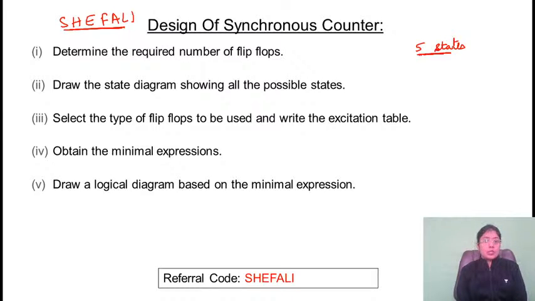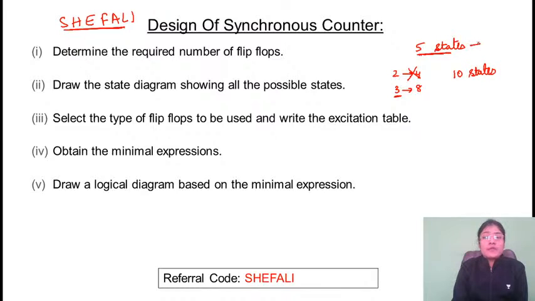See, if I want to represent 5 states or 5 combinations, with 2 bits you can represent 4 combinations. With 3 bits you can represent 8 combinations. So 4 is not possible, it is not representing all the states. This means that 3 flip-flops are required, right? Similarly, if I want to represent 10 states, how many flip-flops are required?